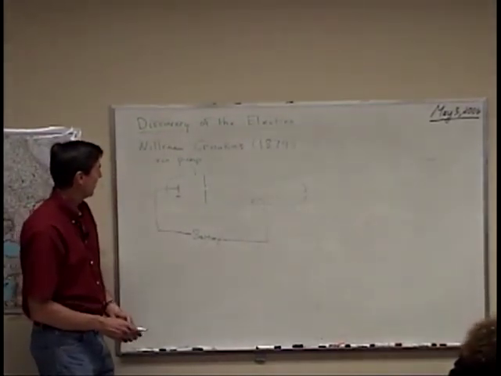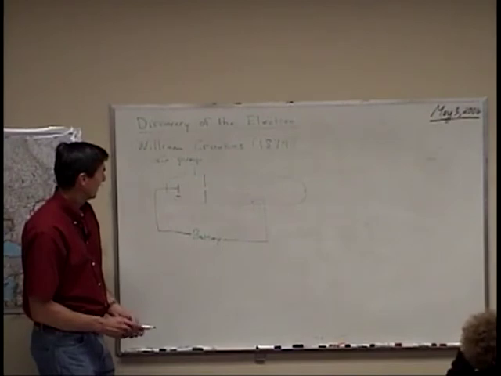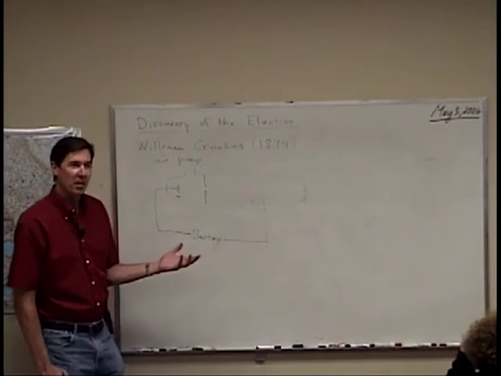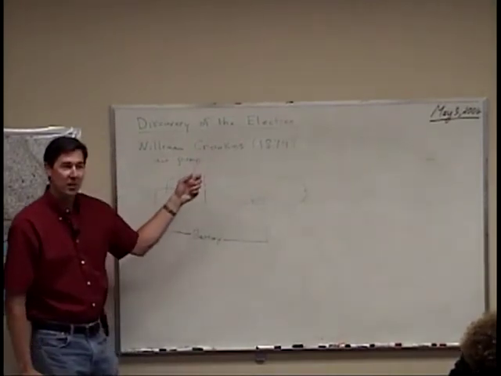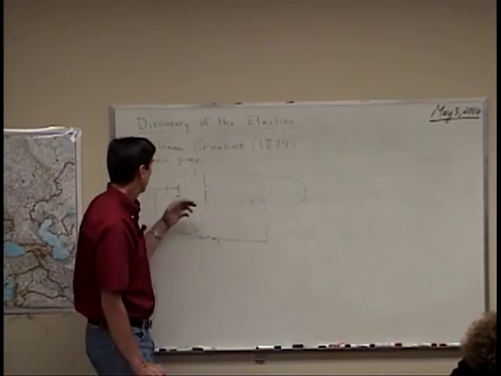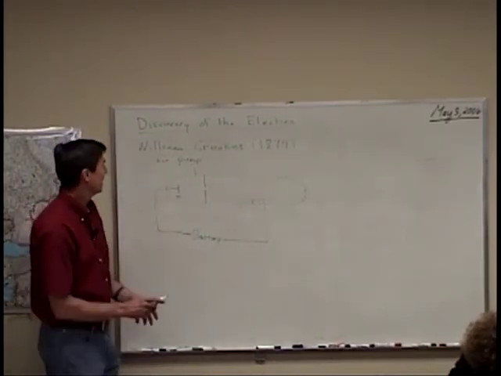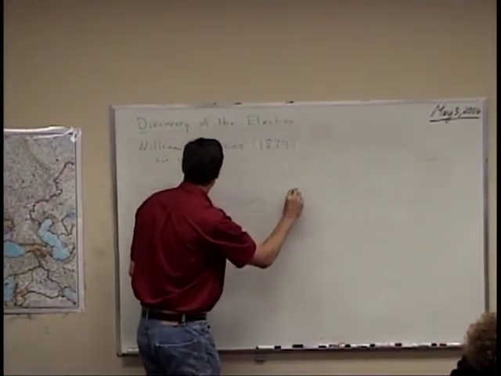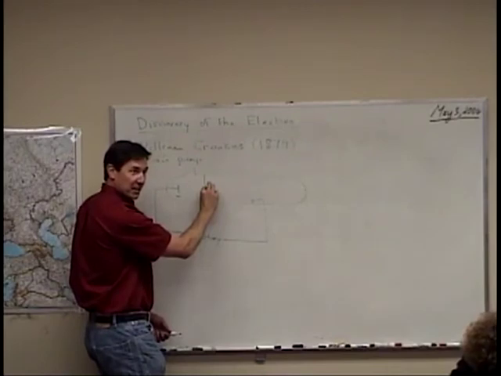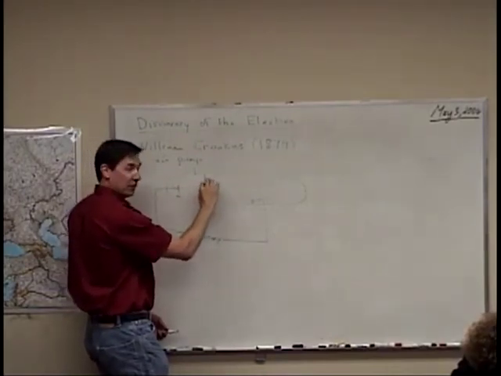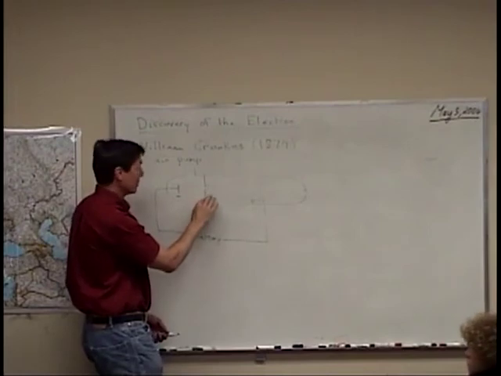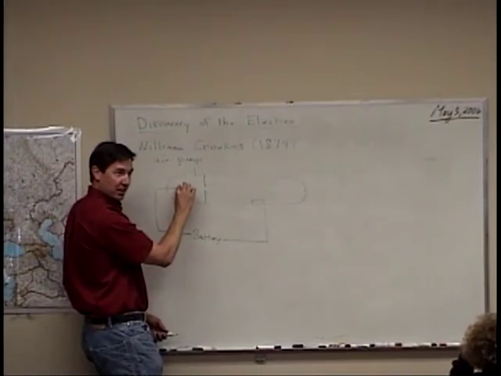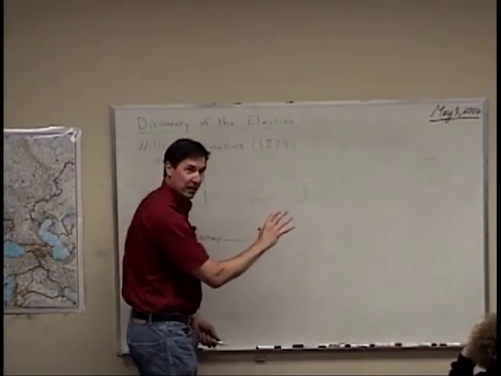Now, how are you going to figure out what's coming off that plate? Well, one thing that Crookes thought of doing. Oh, by the way, this bright spot on this end of the tube is just the size of this hole, and as you increase the size of this hole, the bright spot gets to be as big as your little electrode here, but then no bigger.